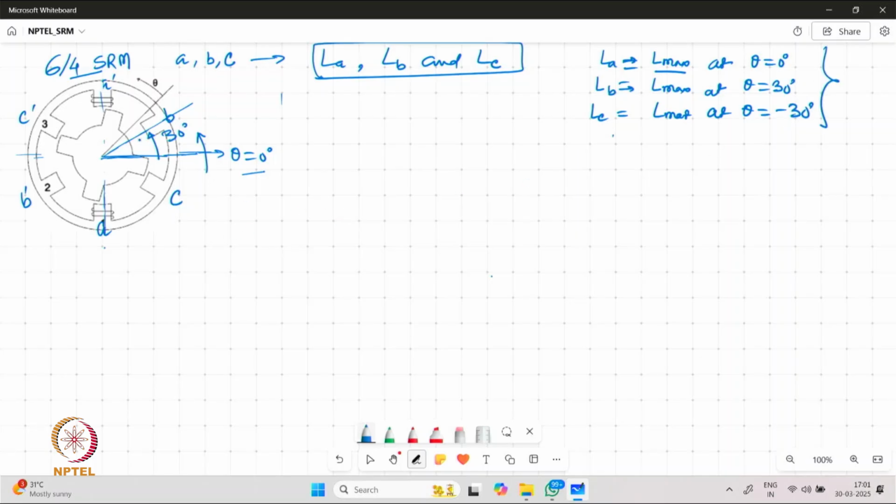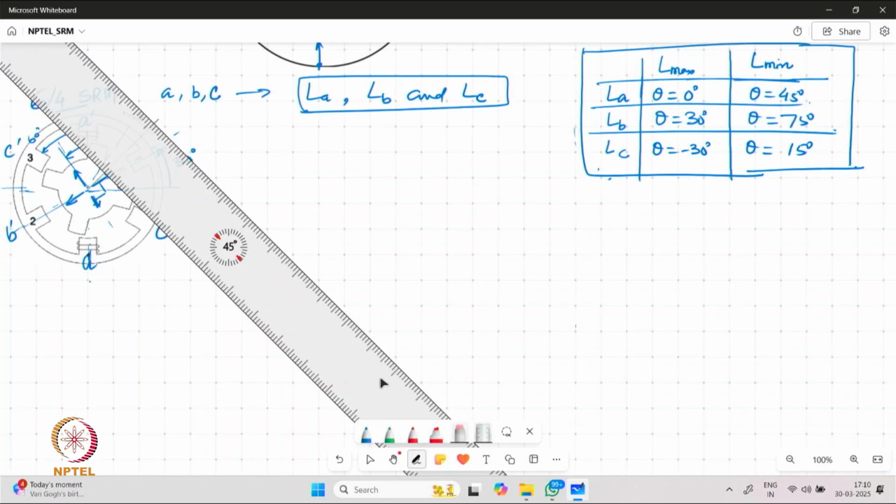And these three inductances are going to follow a cyclic pattern with a repetition cycle of 60 degree each.